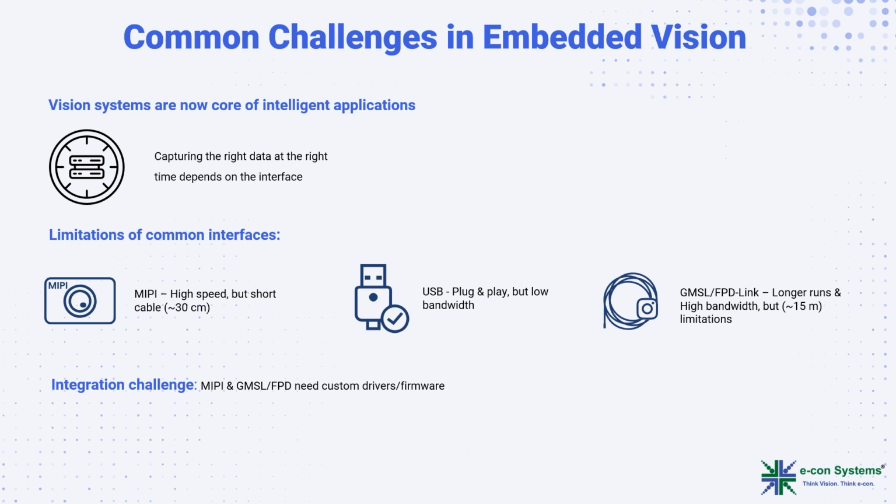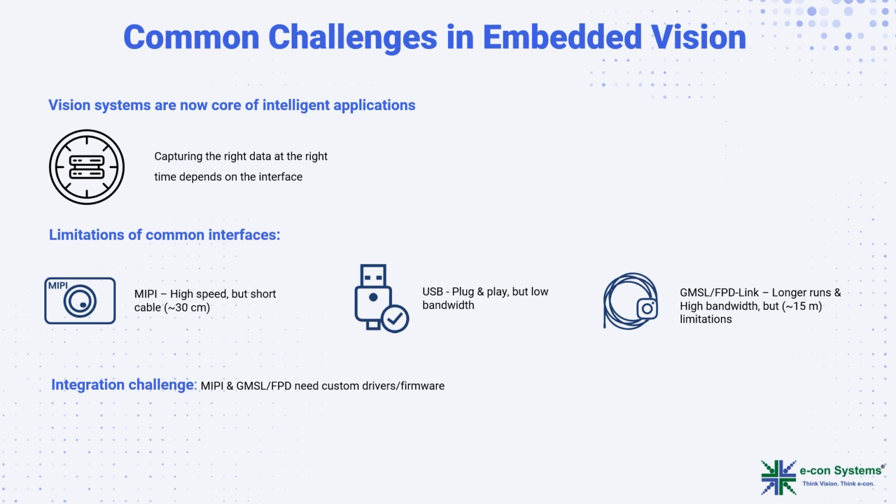Another challenge across embedded vision systems is host integration. Interfaces like MIPI CSI-2, GMSL or FPD-Link require custom driver or firmware development to communicate effectively with the host platform, and it adds complexity to the time and design cycle. This is where the Ethernet camera makes a real difference by providing a reliable solution through this interface.